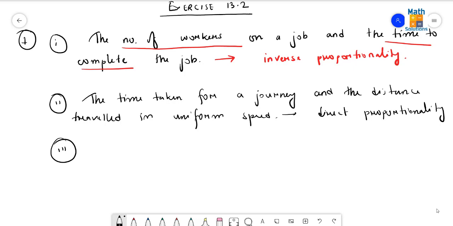After that we have the area of cultivated land and the crop harvested. It is also a direct proportion, because more area of cultivated land will give us more crops.